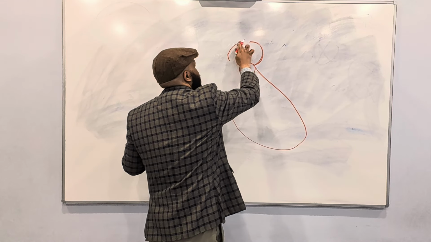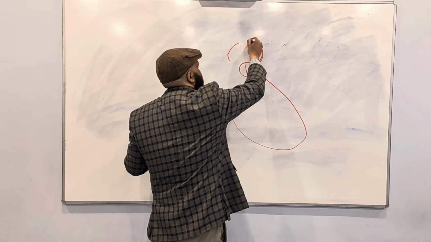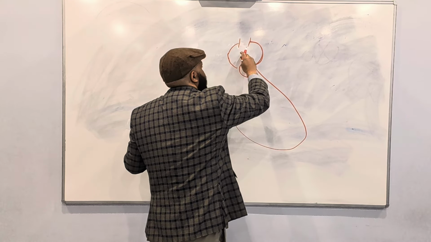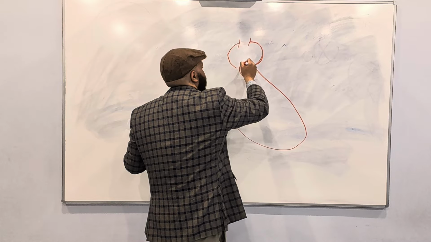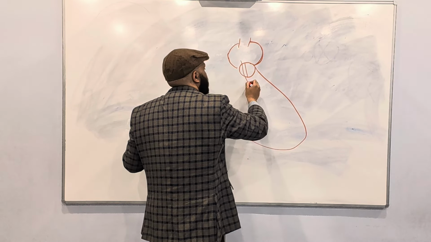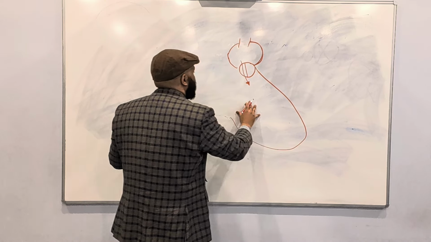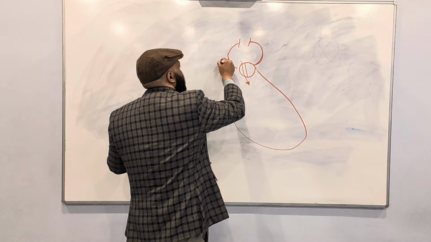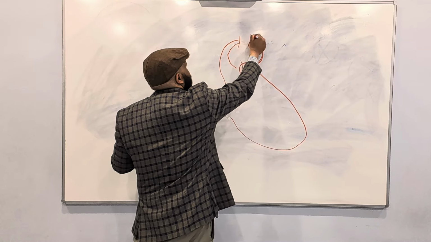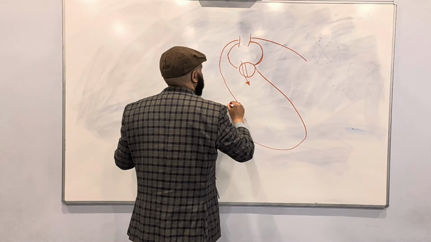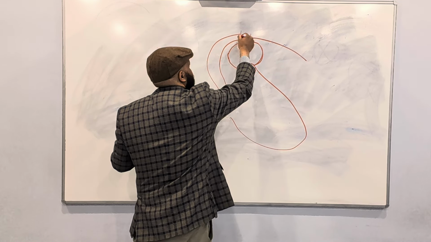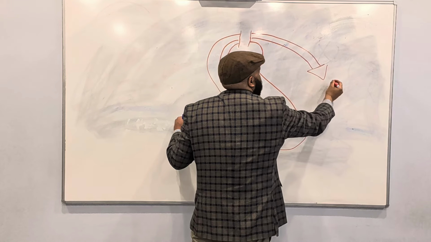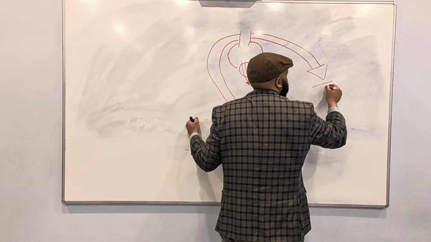So the blood enters here, goes into the atria, then flows from the atria down to the ventricle. Then the ventricle pumps this red oxygenated blood out to the systemic tissues.